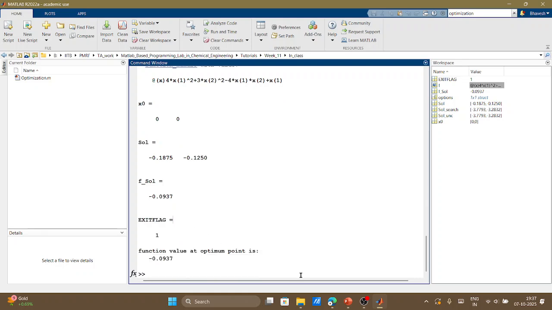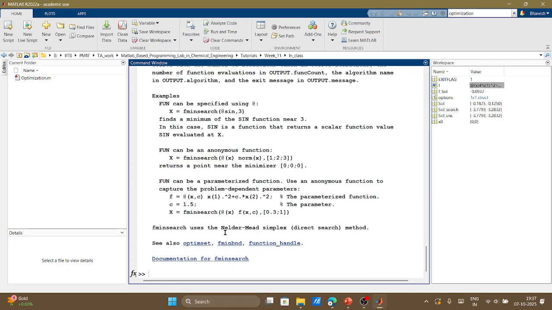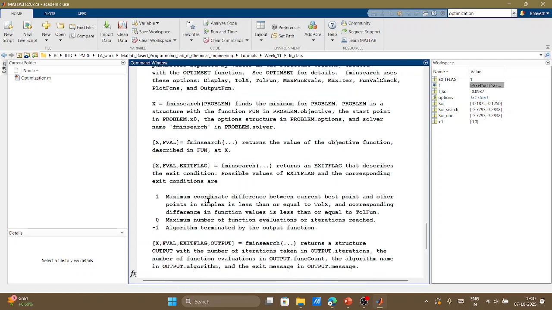Exit flag is 1. So what does this exit flag mean? The maximum coordinate difference between the current best point and the other points in the simplex is less than or equal to the tolerance, and the corresponding difference in function value is less than or equal to the function tolerance.